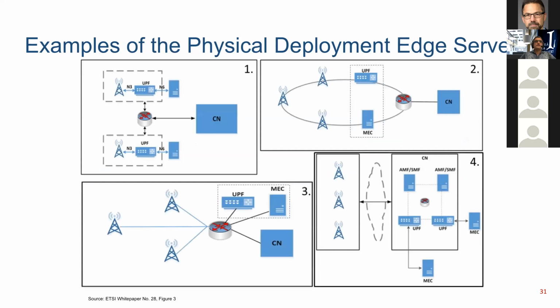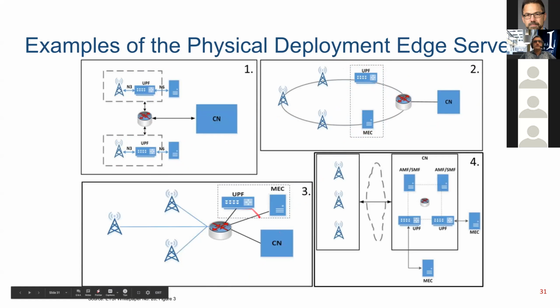And lastly, here are some examples of how you can deploy the edge architecture. In the first diagram, you can put the edge and user plane functions at the base station, up top here and down here. This is the closest to the user equipment. In the second approach, you can put it collocated with the transmission node, possibly with a local user plane function.